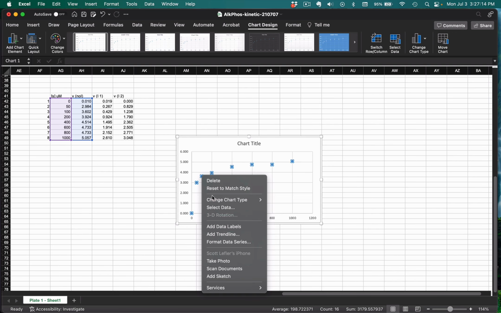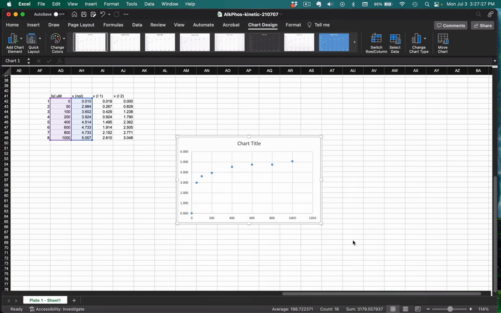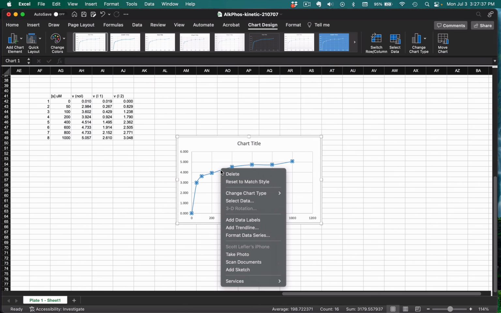Basically, for this we would want to change the type of chart, and we're going to change it to that. That gives us something fairly close. We can probably get it to look a little bit better.